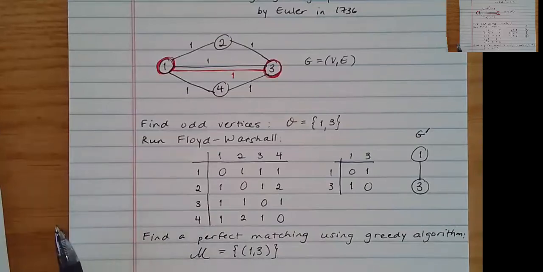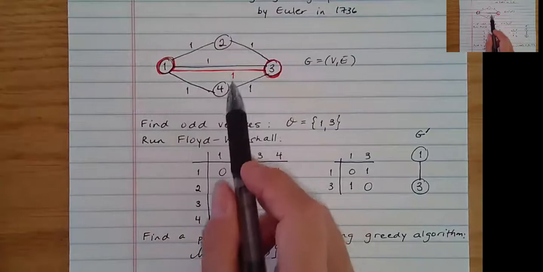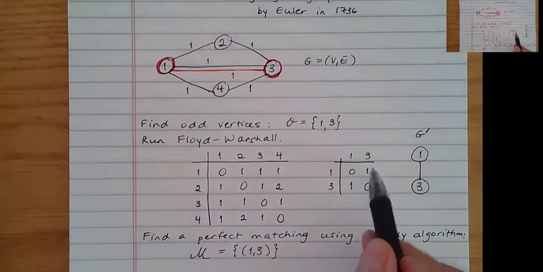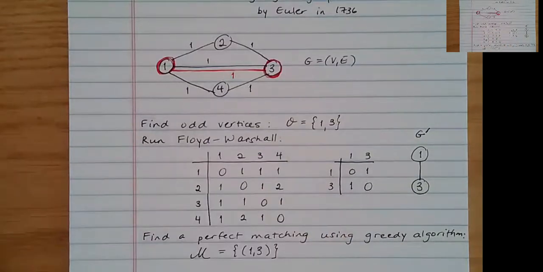Okay, now the algorithm says, once we've inserted all the edges in the matching into the graph, it will have a weight equal to the shortest path distance in the original graph, which in this case is just 1.